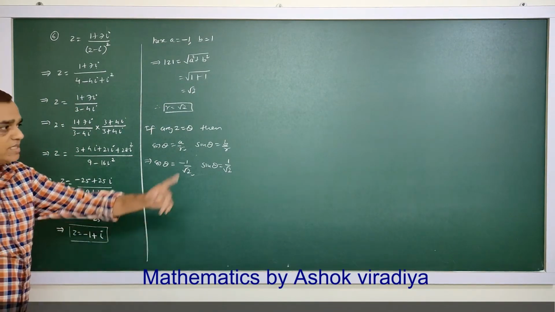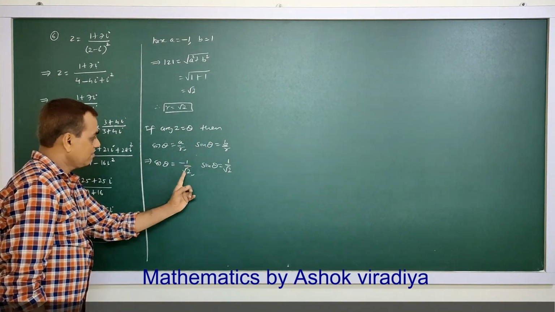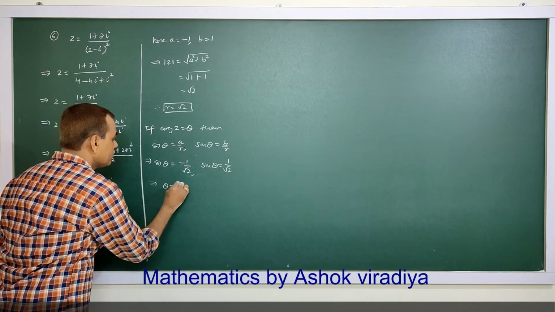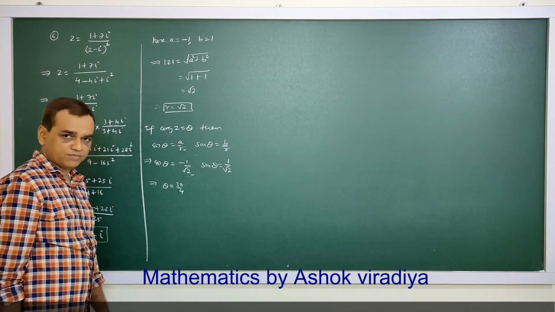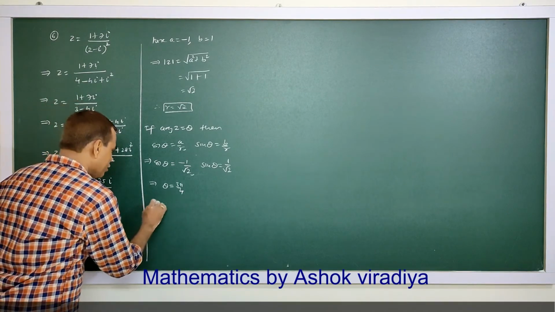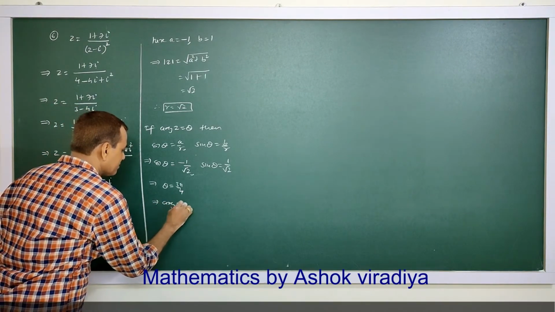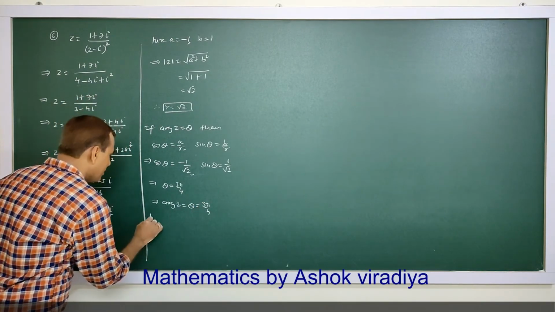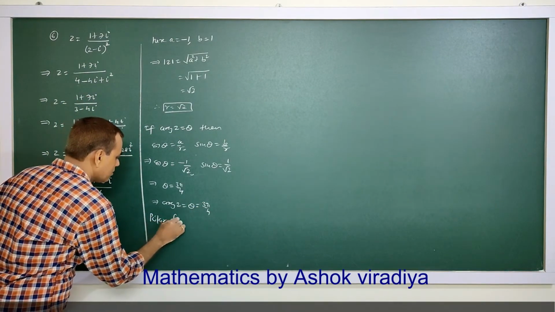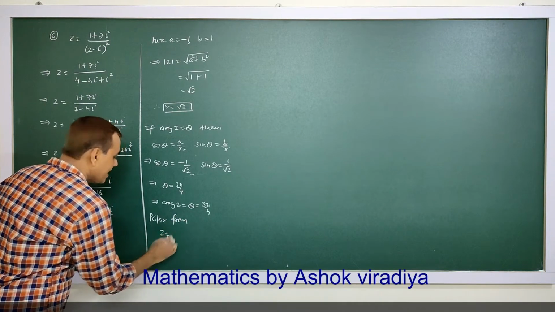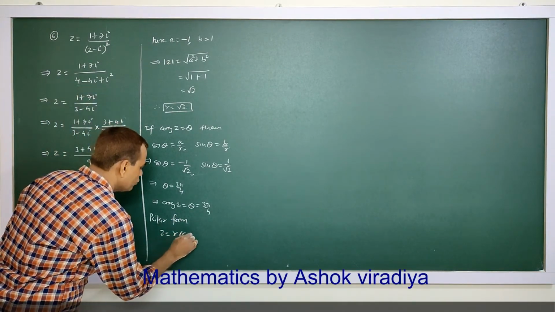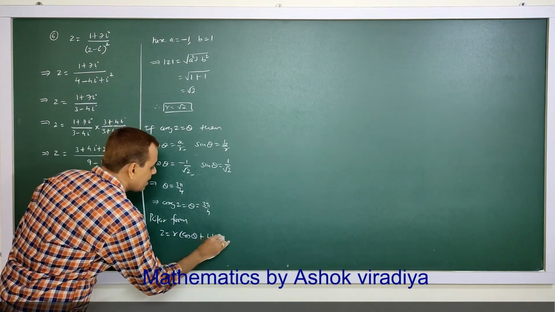And as just discussed in the last question, the values are the same. So theta is 3 pi by 4. So this is the argument of z. And the polar form is z equal to r into cos theta plus i sin theta.